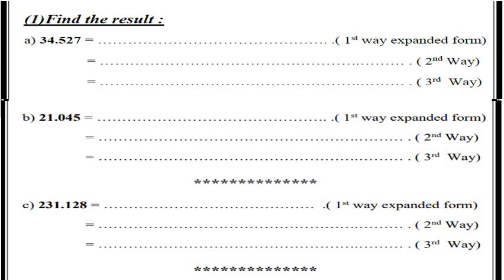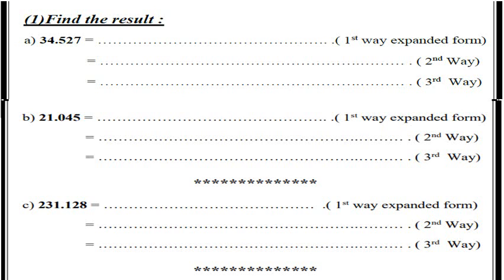Number 1. Find the result. I have in letter A 34.527. I want to decompose this number using 3 ways. The first way is expanded form. In expanded form, I will write each digit here.